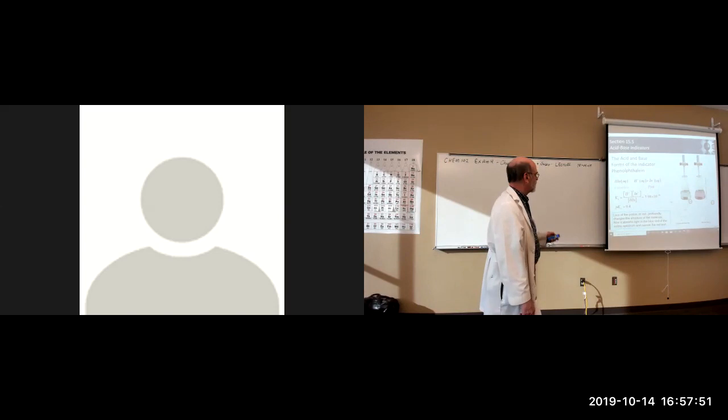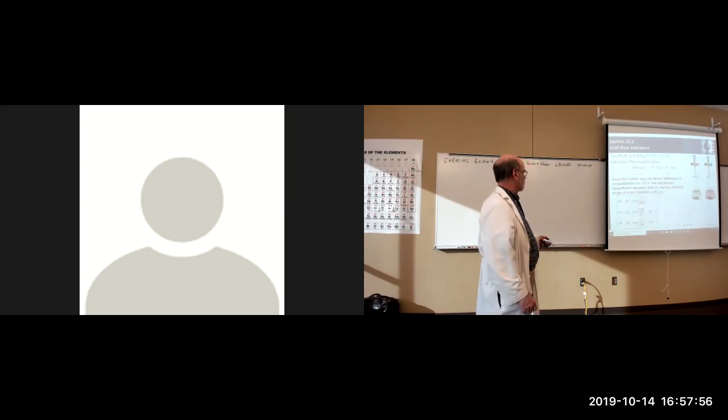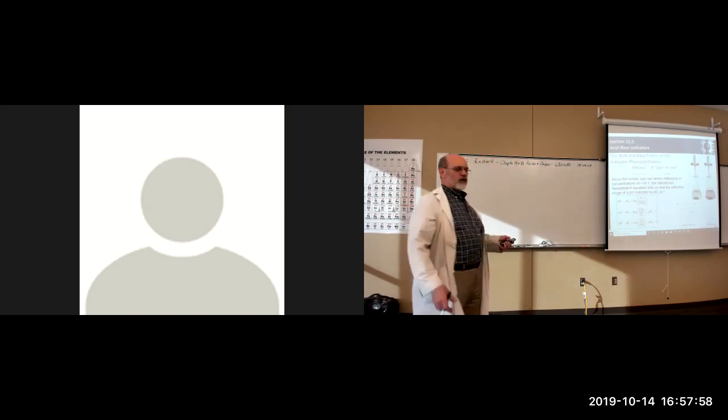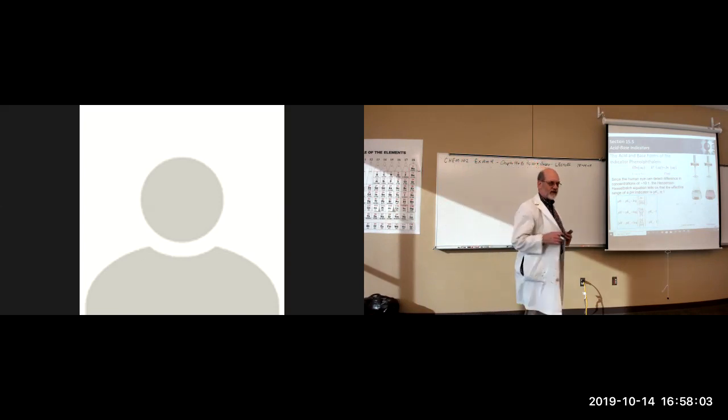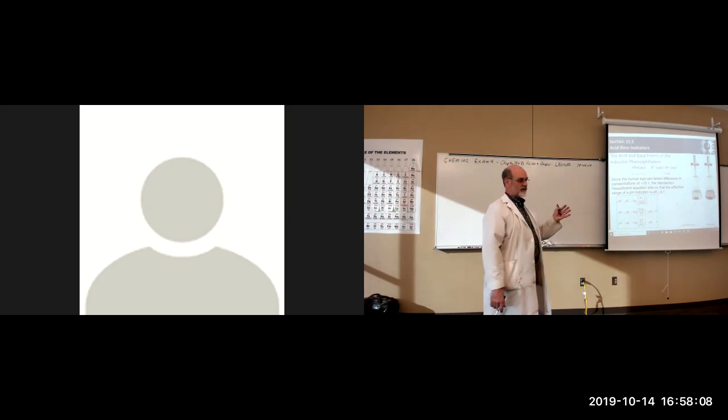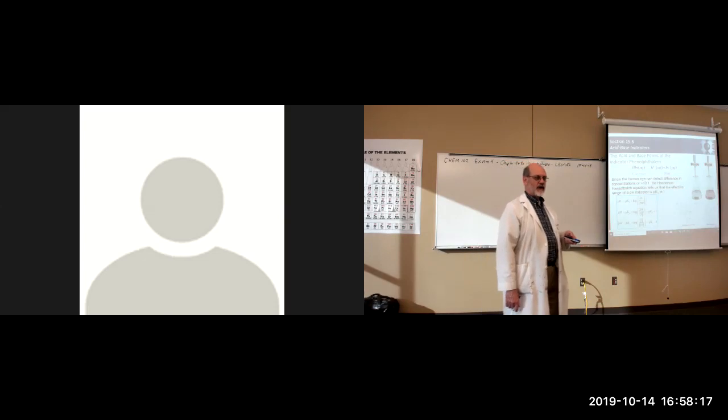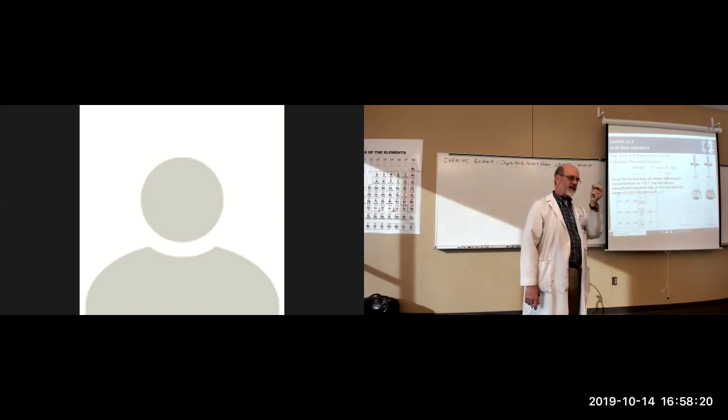Here's the next slide. So here's where we have to take human physiology into account. How does the human eye work? The human eye, while it's a marvelous instrument, can only see a difference in color if the change in concentration is about a 10-to-1 ratio.